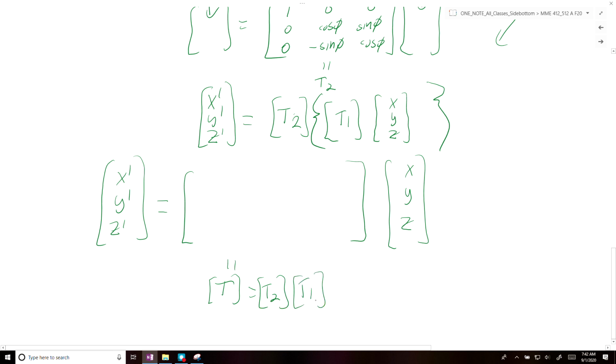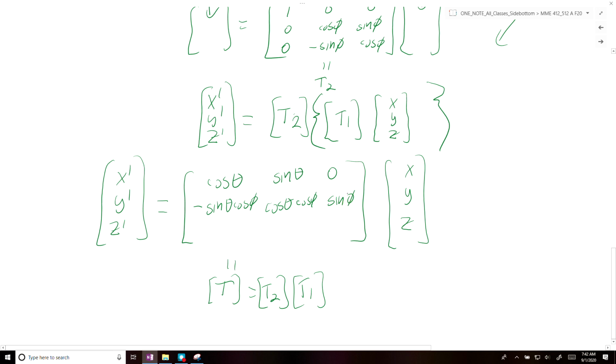What we end up getting for our values is cosine theta, sine theta, and 0 for our first row. Our second row is minus sine theta cosine phi, cosine theta cosine phi, and sine phi.